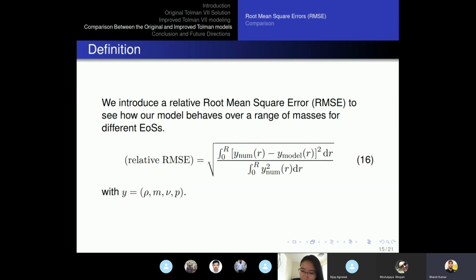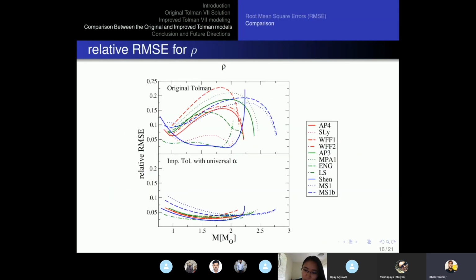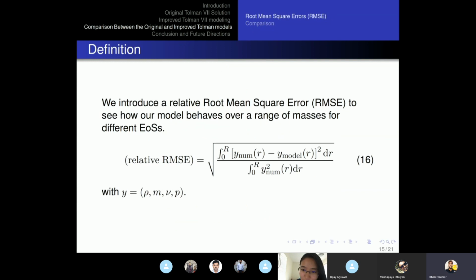Not slide number 16, equation 16. Yeah, this one, the root mean square. You can explain a little bit more.